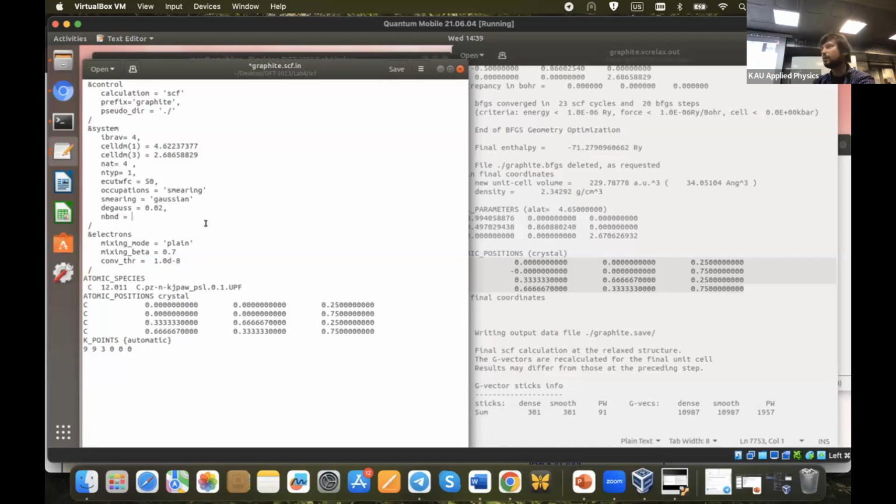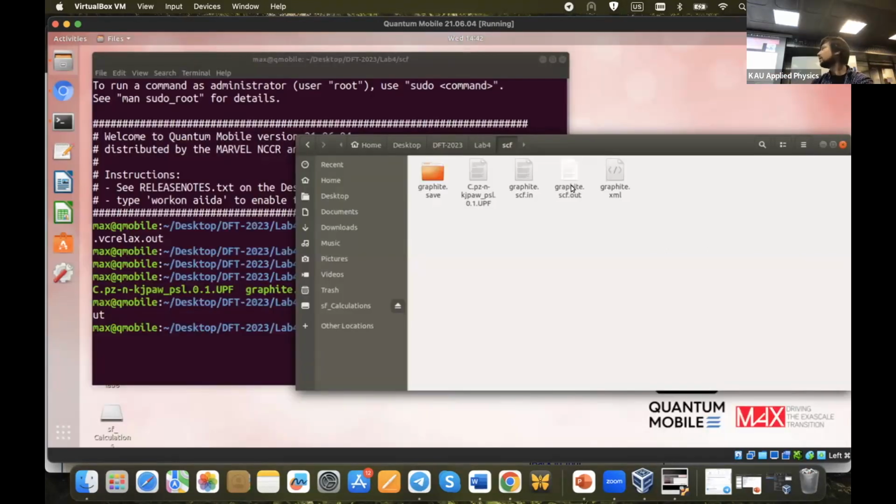We can make it higher, but 16 is okay. By default it will be 8. By default, it thinks that all electrons sit by 2 electrons on one energy level, and that only the valence band is filled. And here we tell it to calculate the conduction band also.